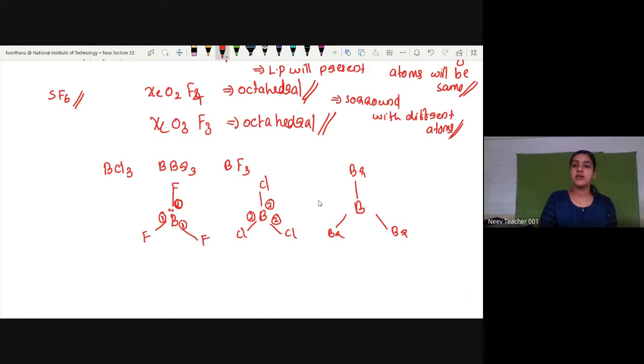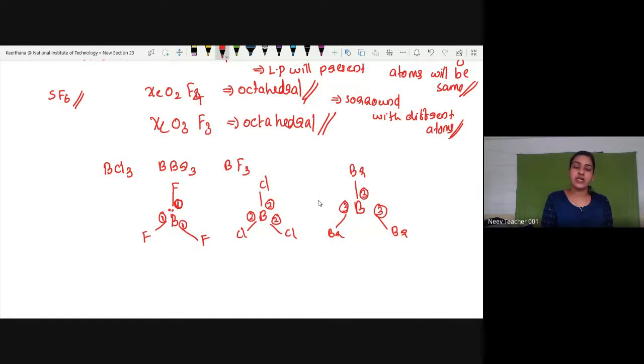Bromine's electronegativity is very low compared to fluorine, so its electron attraction power is also less, and the electron cloud density may be 3. But all are the same: the electron cloud density on each bromine is the same, so all three are the same.